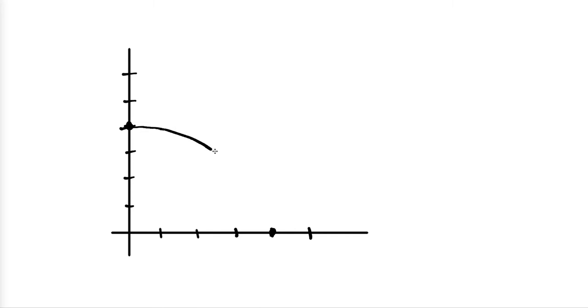This is supposed to be an upside down parabola. What would make it cross at 4, 0? So that'd be 16, that'd be negative 8 plus 4.